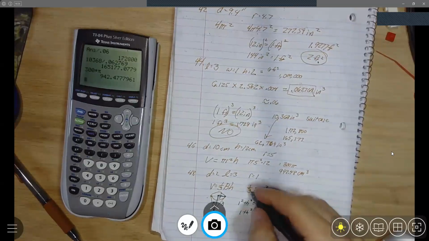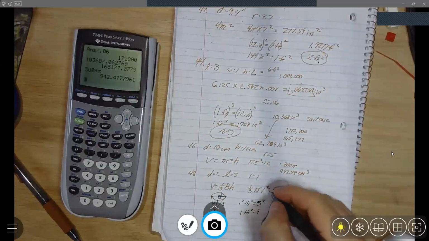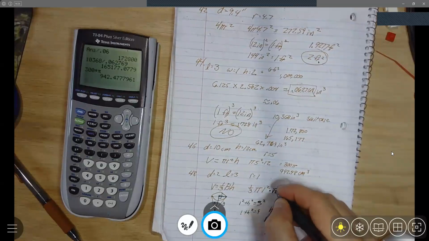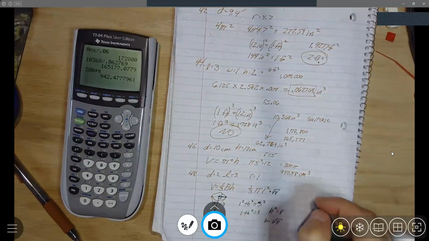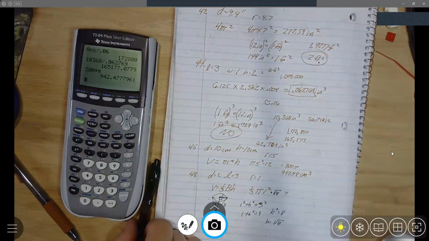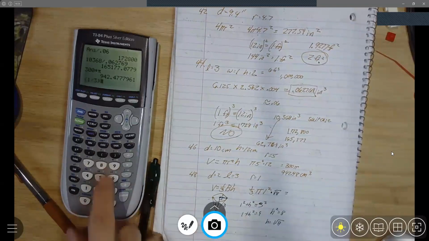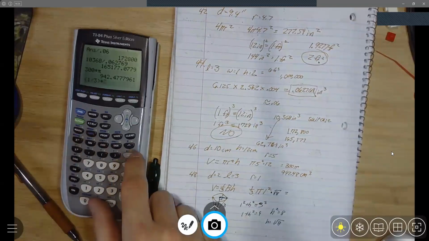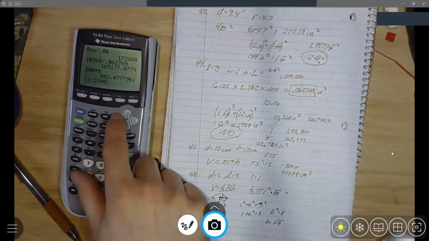So over here we had 1/3 pi 1 squared, and then it's going to multiply by the square root of 8. That's the height. So we're rounding to the nearest tenth of a cubic inch. So 1/3 times pi, oops, not h.